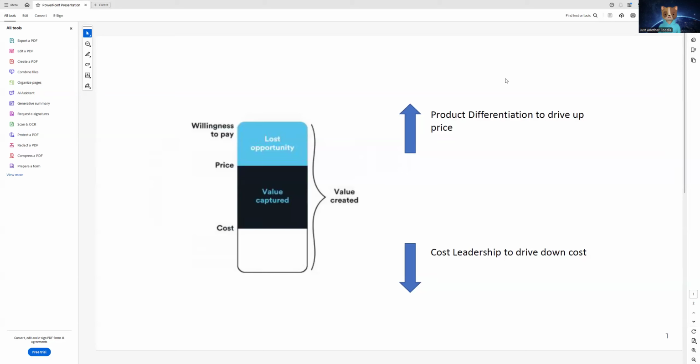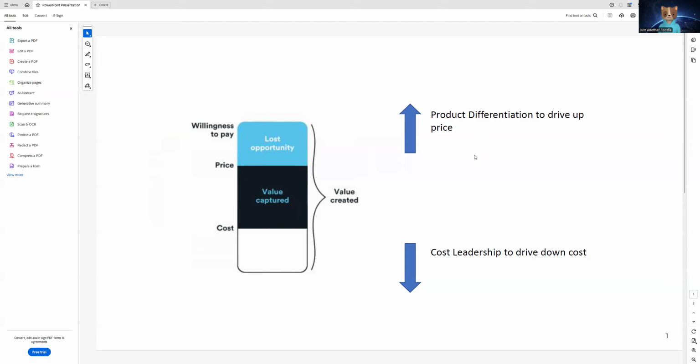So today I want to talk about the only two aspects you need to think about when you design a product or service. The picture I'm showing you on the left is called value creation or value capture.